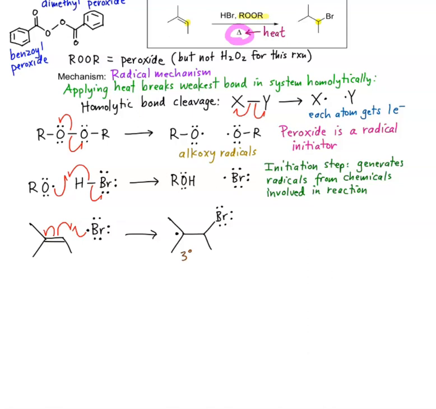This step is called a propagation step in a radical mechanism. So in a propagation step, what's happening is you're generating new radicals from existing ones.